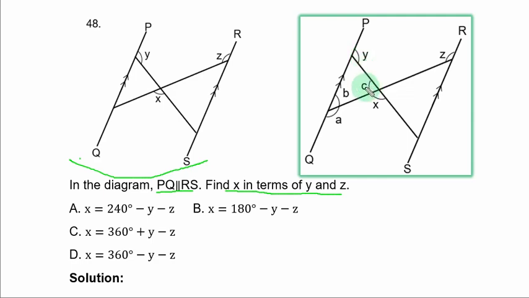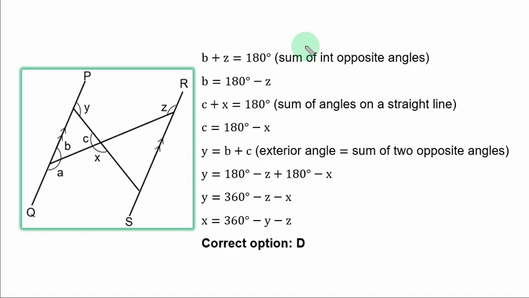Now already you see that S plus this angle C is equal to 180, sum of angles on a straight line, so let's take it from there. Okay, so, same thing here. This is the same diagram.